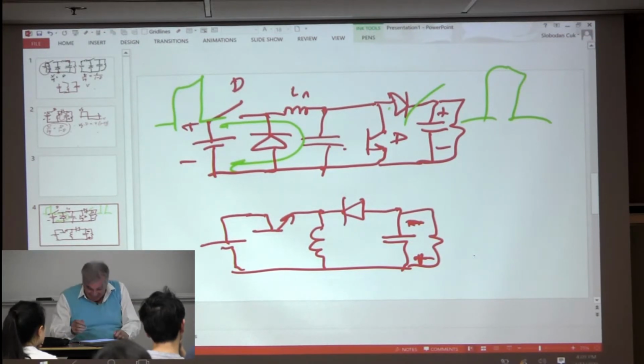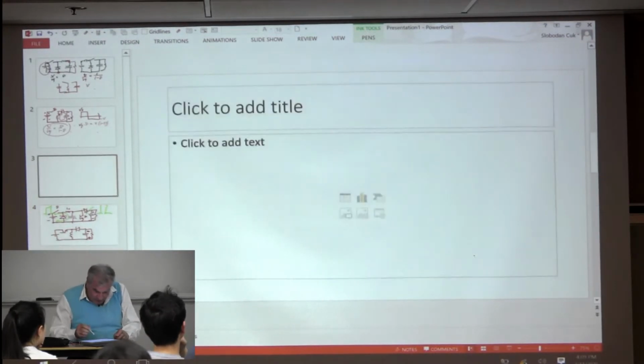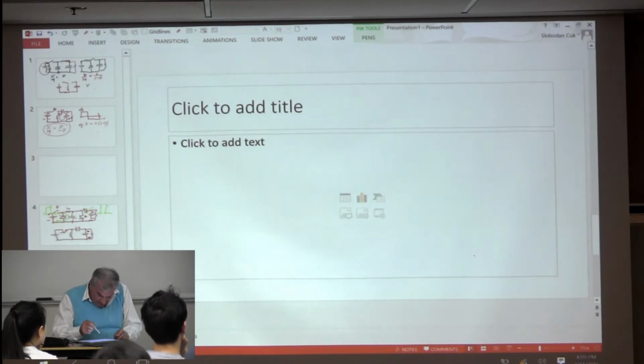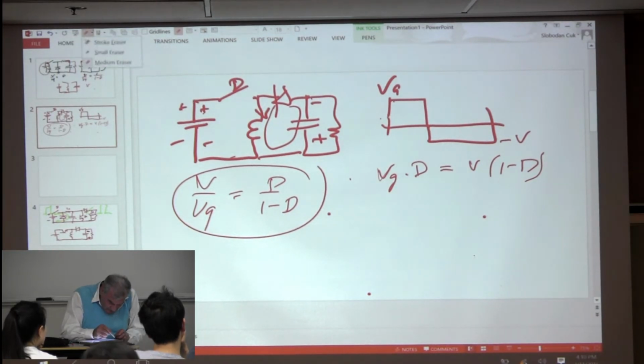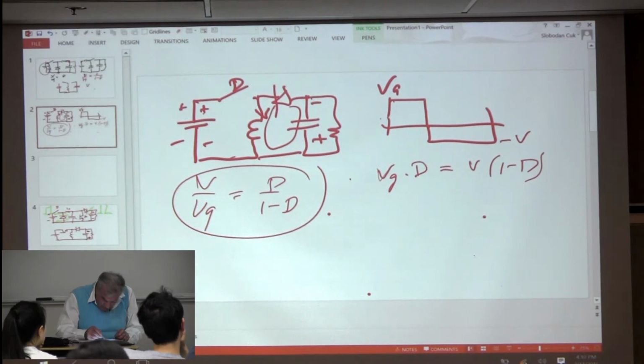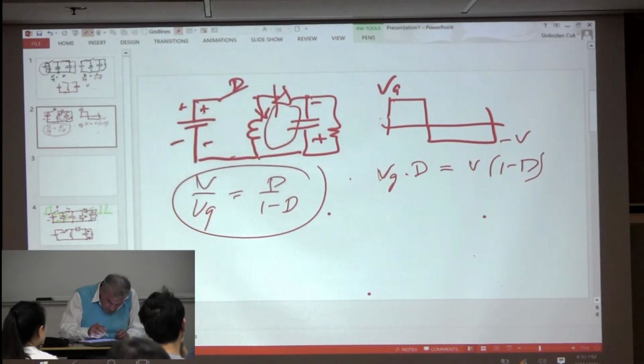Okay, so let's go to that and let's see. I have a magic eraser, which I hated to work with when I was in school. Small, medium eraser, okay?